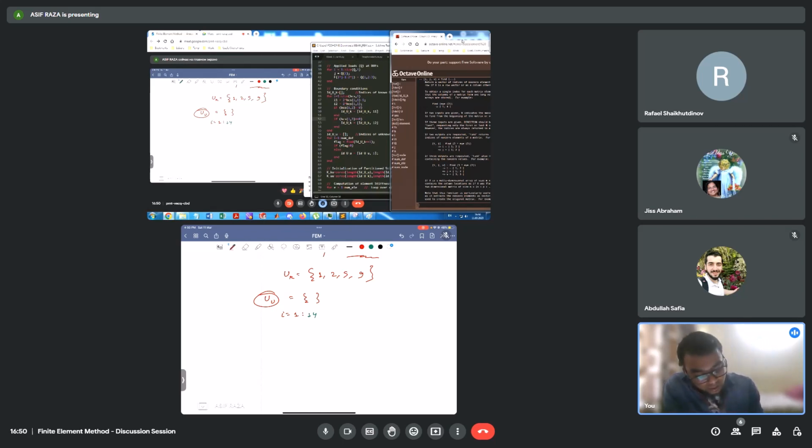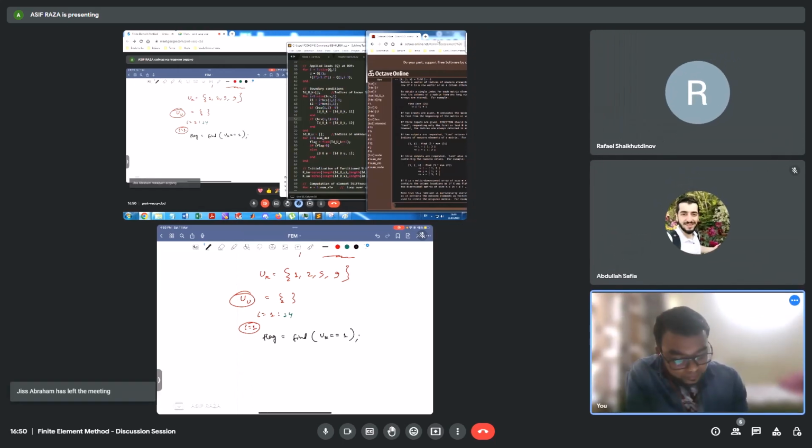Now let's see for I equal to 1. I'll just use a different color. There's a statement: flag equal to find UK equal to I. So UK equal to I means for 1, in UK, what do we have? 1, 2, 5, 9.